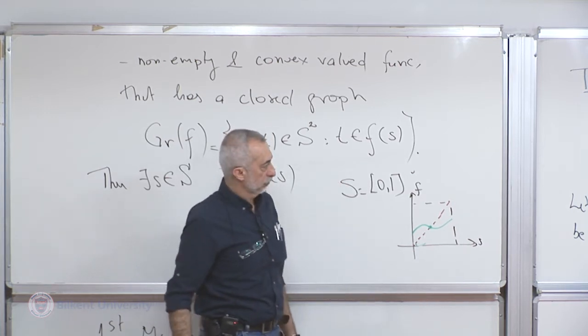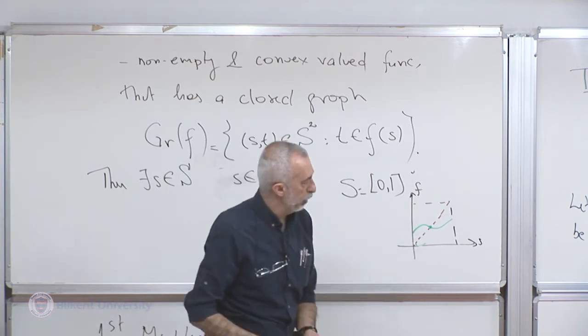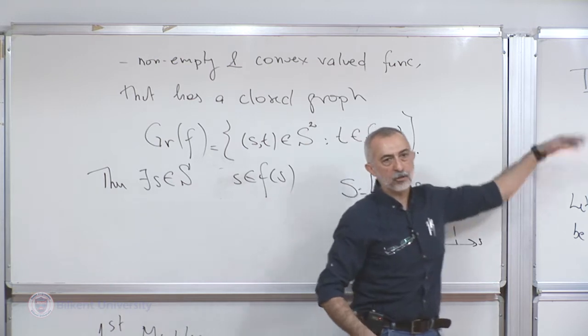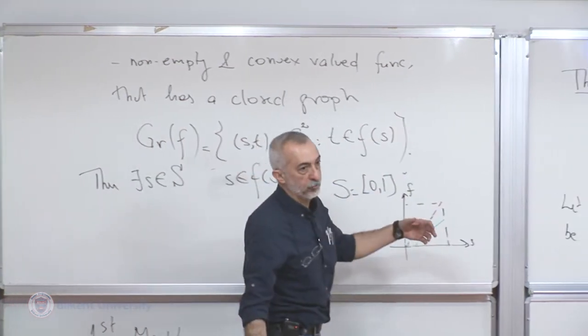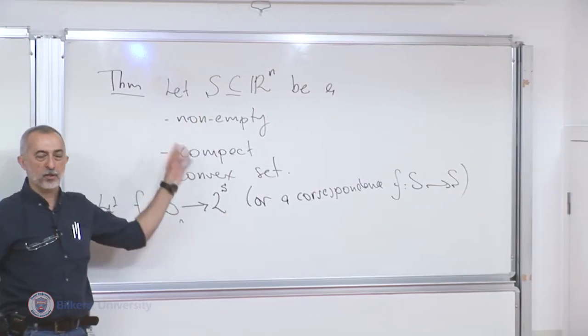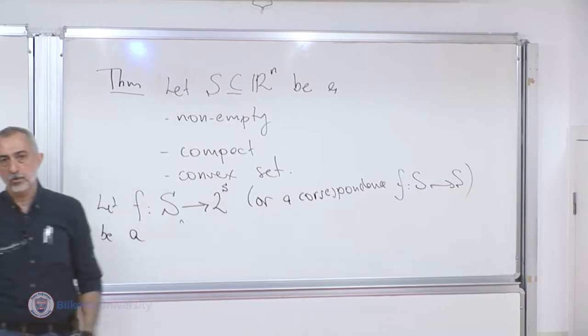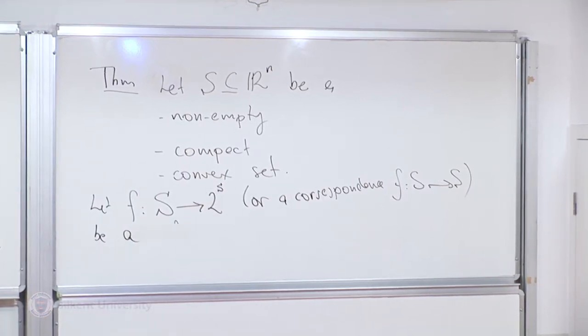So the theorem, we don't do the proof. By the way, Kakutani's fixed point theorem is stated in different ways. There's an alternative version which uses upper hemi-continuity, but we don't know what hemi-continuity is, so I prefer to use this version of the theorem.